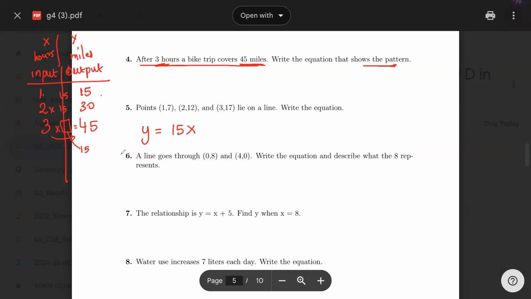Why is it proportional? It's because it can start with 0. You can have 0 and 0, right? And moreover, it's a multiplicative relationship. If you substitute x equal to 0, y will also be equal to 0. If 0 comma 0 comes in, it's a proportional relationship.